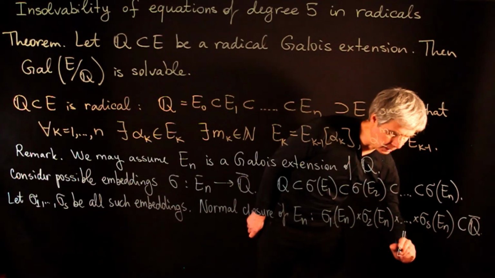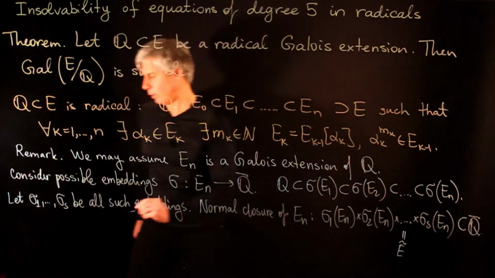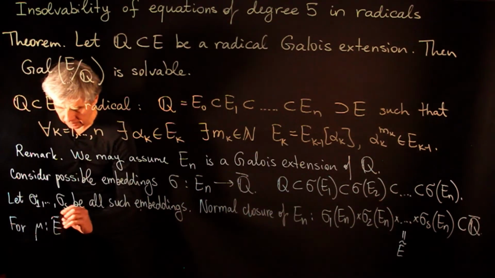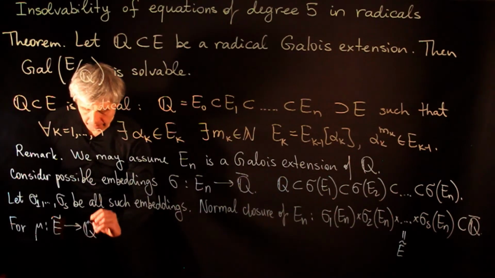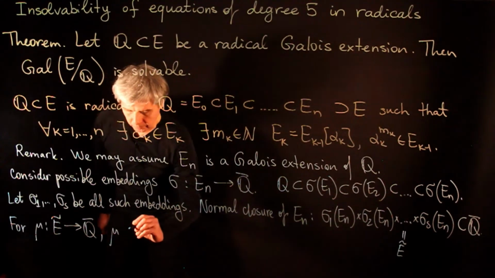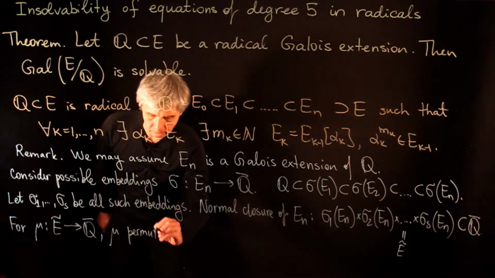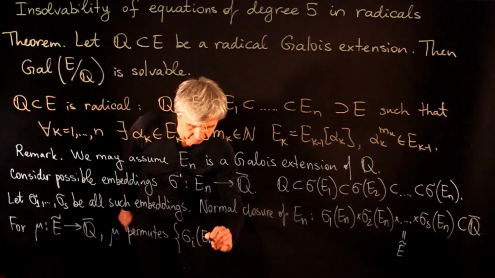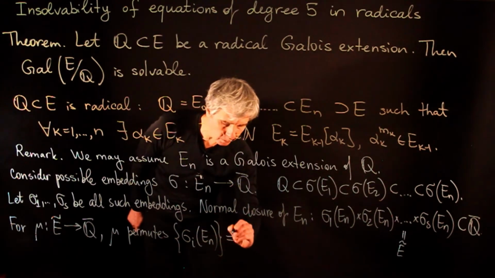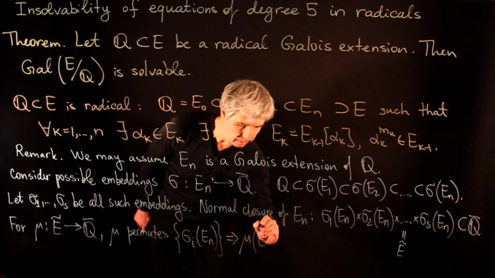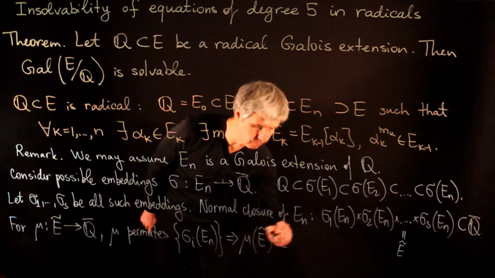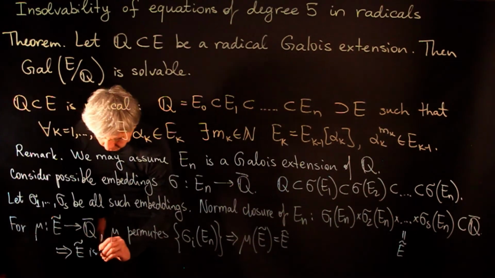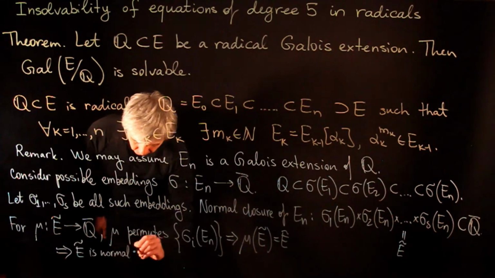Let us call this field E tilde. Then, for an embedding mu of E tilde inside Q bar, we can see that mu will permute the fields sigma i of En. And from here we conclude that mu of E tilde is equal to E tilde. This implies that E tilde is normal over Q.